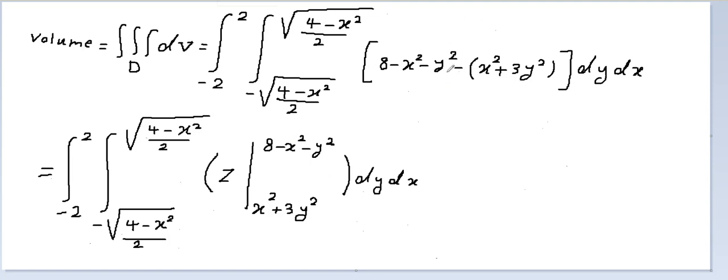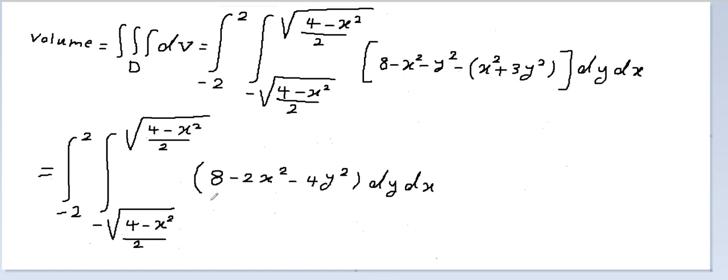Now we have to calculate this and go ahead with the next integral with respect to y, then with respect to x. And you can see here x squared minus x squared, so we have minus 2x squared. Minus y squared minus 3y squared, we have minus 4y squared. Okay, we are left with this double integral that we have to solve.